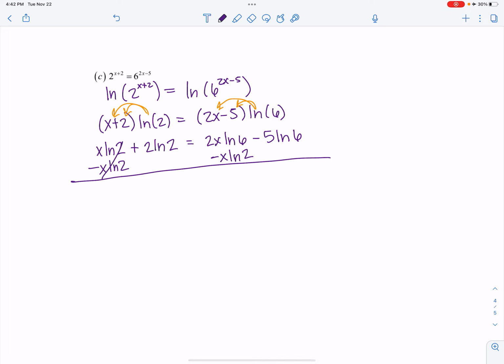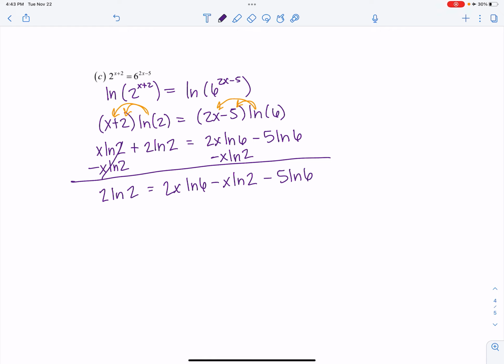So we'll be left with 2 natural log of 2 equals 2x natural log of 6 minus x natural log of 2 minus 5 natural log of 6.